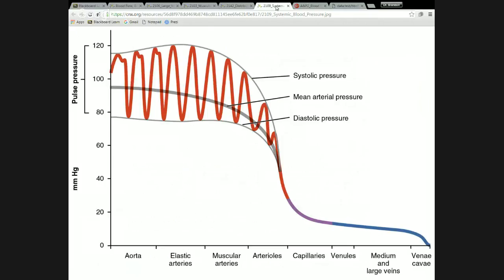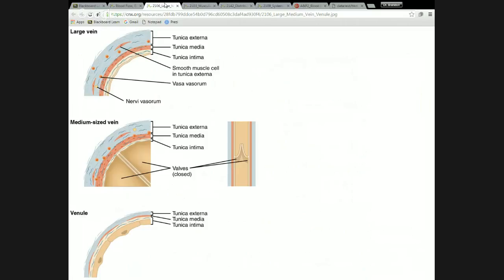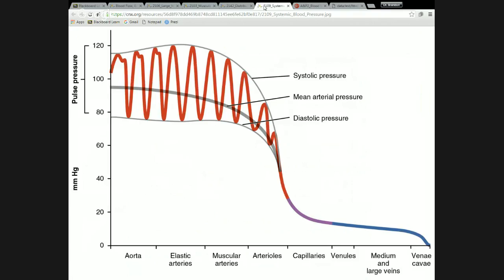But what I want to point out is that as we're moving from the heart through, we go through elastic arteries, then muscular arteries, then arterioles, and then capillaries and veins. Even though the picture I showed you a little while ago suggests there are three types of vessels for veins, the book lays it out as medium and large veins together as one group.